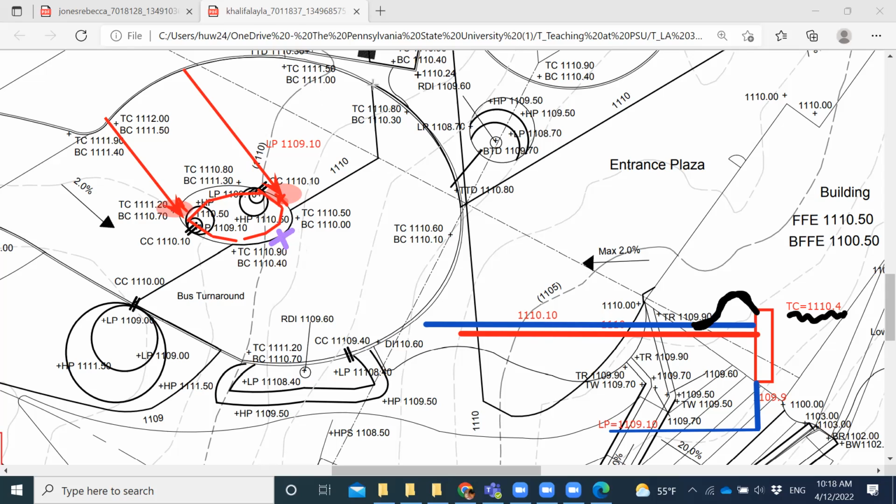So there is the lowest point. So that TC equals to 1110.4 is right at that location. Okay. And all the edge of the curve, the top of the curve will be higher than that. So you don't necessarily have a problem of things spilling out. That makes sense? Yeah.